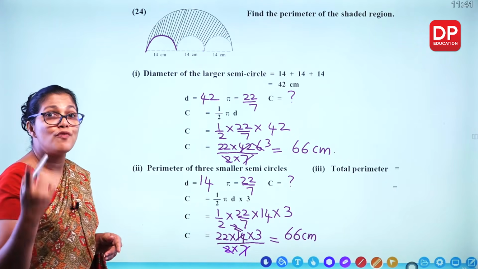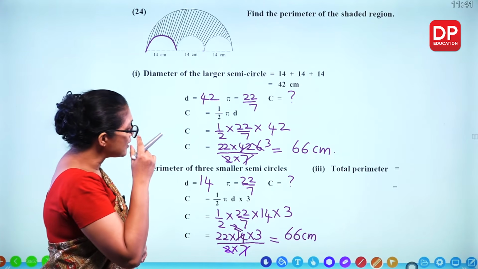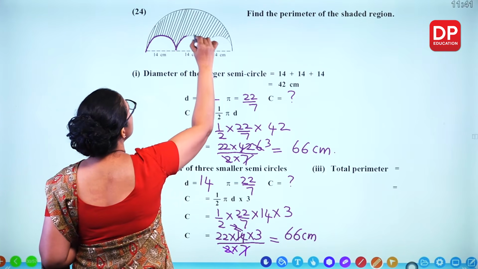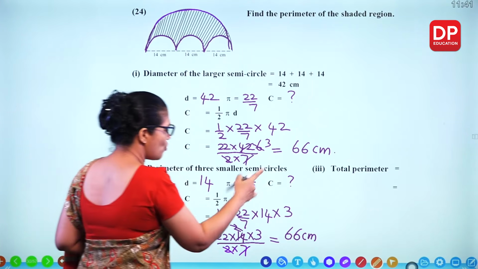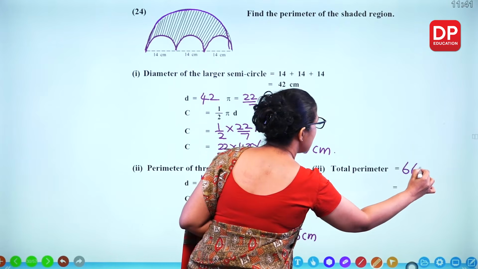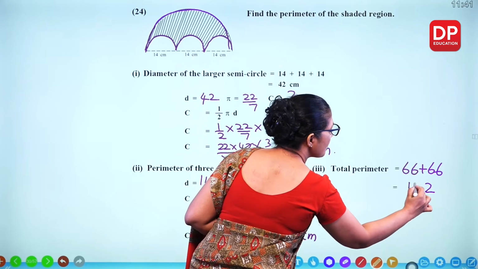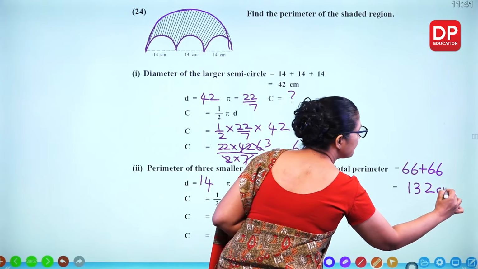When you divide into 4, you get the same answer as the bigger one. So what's the perimeter of the shaded part? So these 3 and this one. So just add the 2 values, 66 and another 66. You get 132 centimeters.